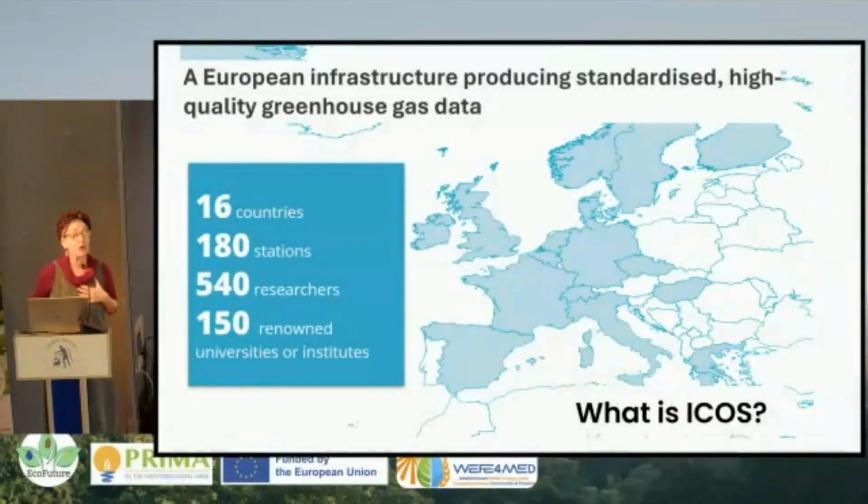First of all, I'm working for ICOS, Integrated Carbon Observation System, a research infrastructure. This specific research infrastructure is producing standardized high-quality greenhouse gas data. What it means is that we have 180 stations all around Europe, and we take care that you in Greece, you in Spain, and me in Finland, we measure using the same standards and protocols.